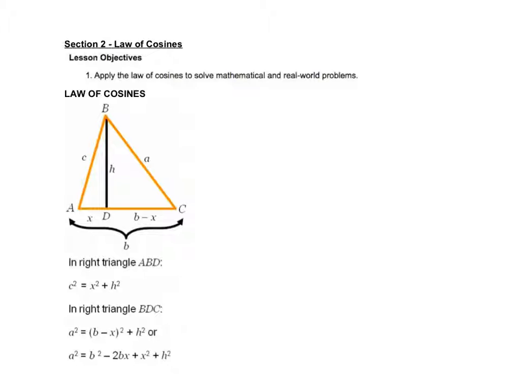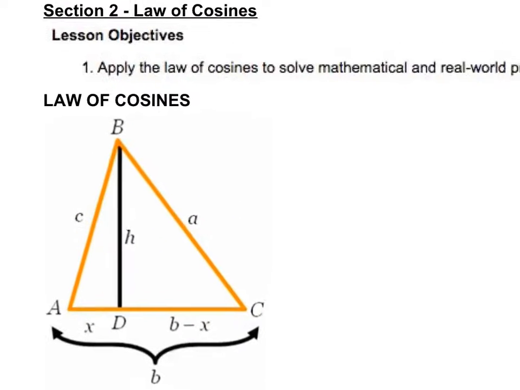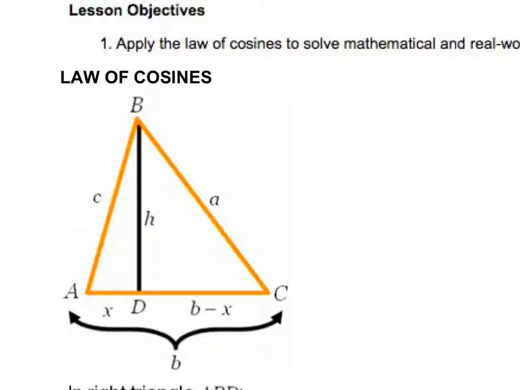Now, what I want to do is write about what we know. I want to write out the Pythagorean Theorem. So this is a right angle. And we have these side lengths here.